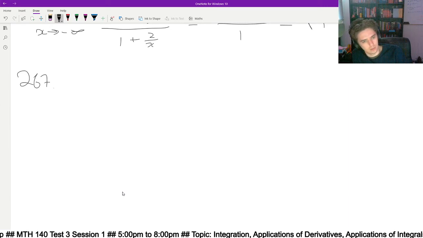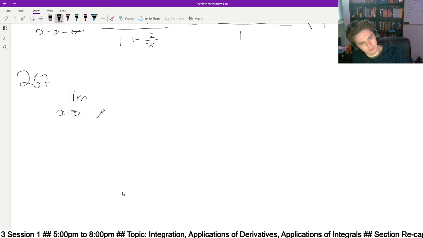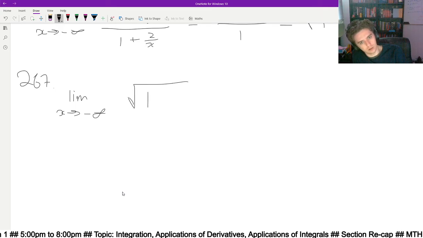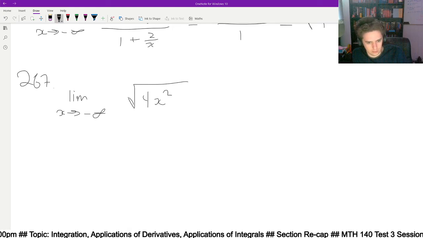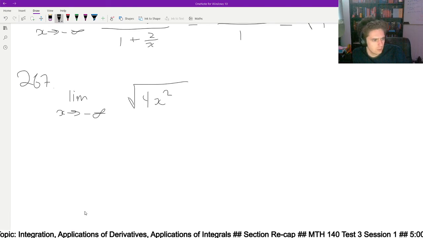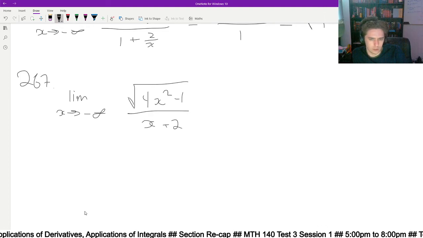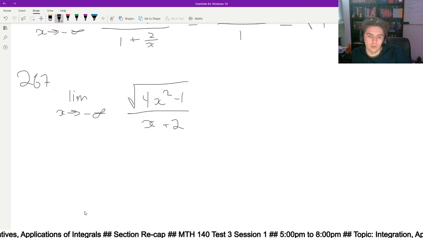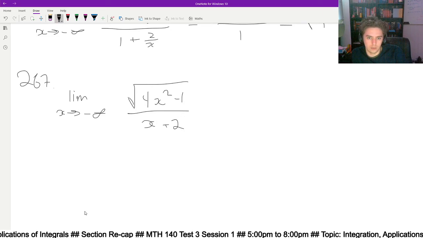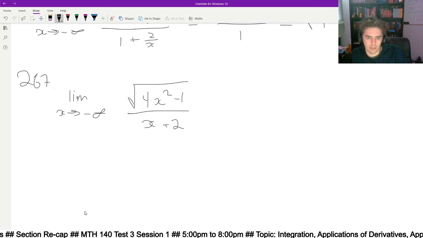Well, let me do what they're suggesting and what James did. Write it again: the limit as x goes to negative infinity of the square root of 4x squared minus 1 over x plus 2. The other way to do this is to factor out an x squared from here.